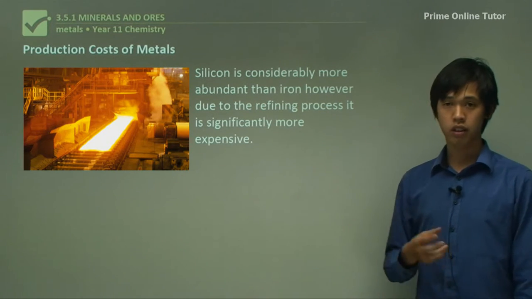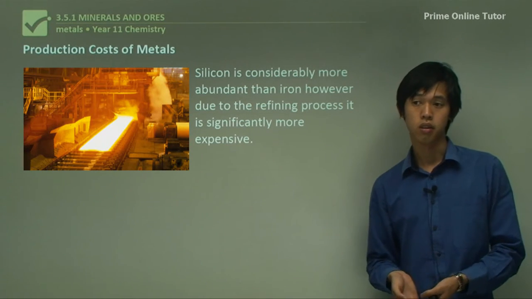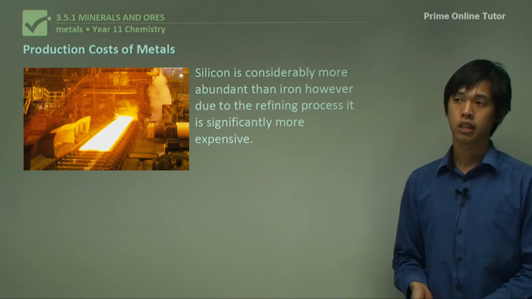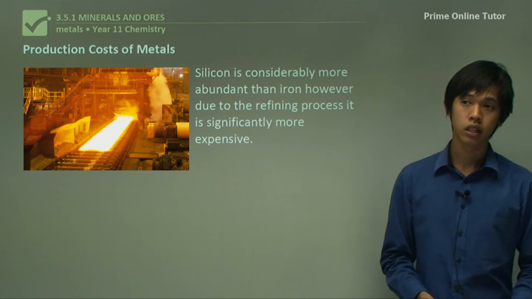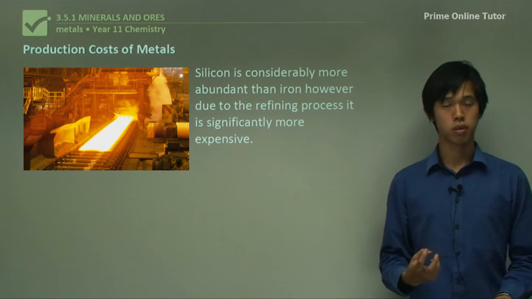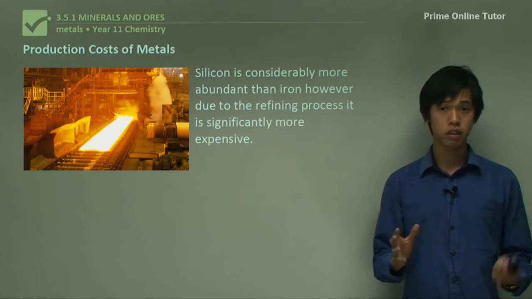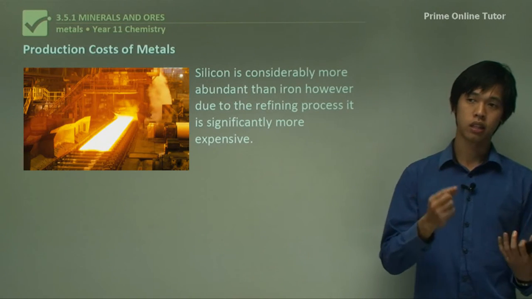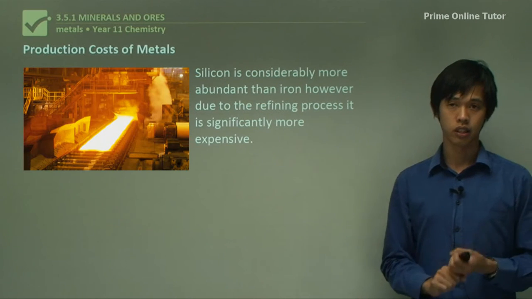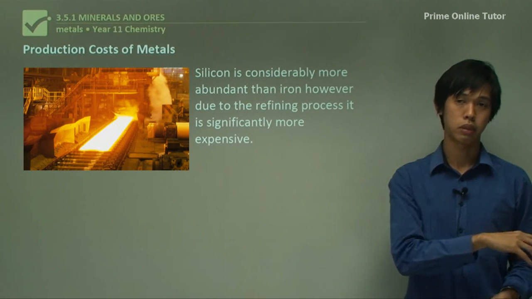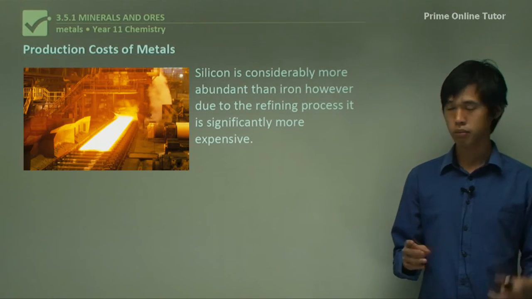However, to refine silicon from sand to industrial grade silicon, or even semiconductor grade silicon, is a very costly process. It takes a lot of energy because the silicon has to be absurdly pure for semiconductor devices. The chips in your computer, which you're watching me talk on, have an insanely high purity silicon in them that has been purposely contaminated with other substances, because it helps us control the electricity.